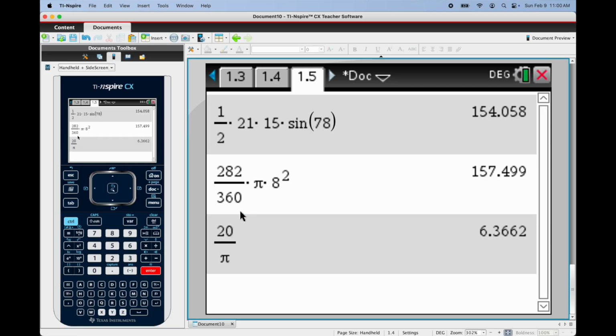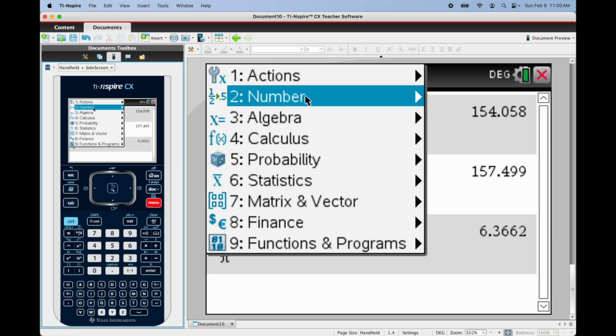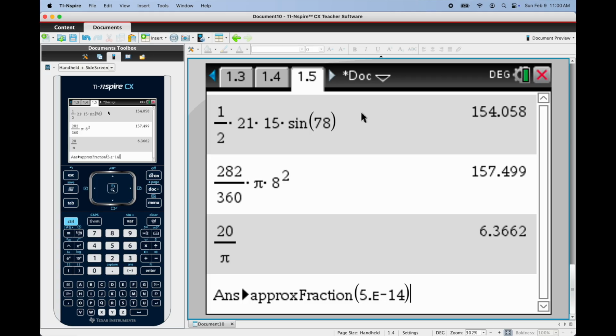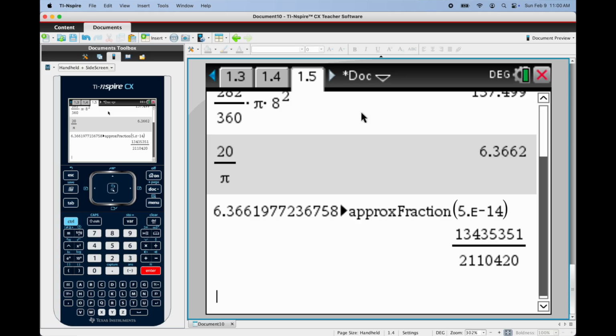If we get this and then we ask the calculator to approximate to a fraction, will it? No, it won't. And to be honest, looking at this value, I'm not sure there's anything in 3.14 that says this is divisible by pi. So I think they are asking for some algebraic manipulation.